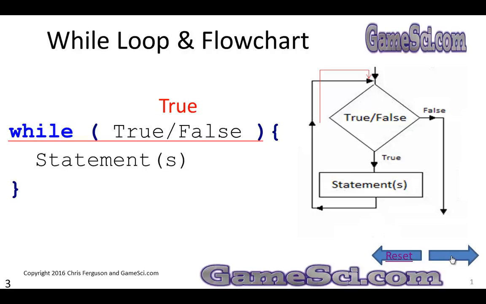I'm also showing you here over on the flowchart, it's basically following this line right here, up and back to the condition. So we're back at the true-false condition right here. It's true, so once again we dive into the block of statements. These codes will execute every time that condition is true.